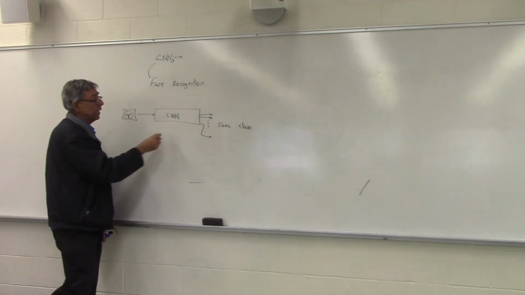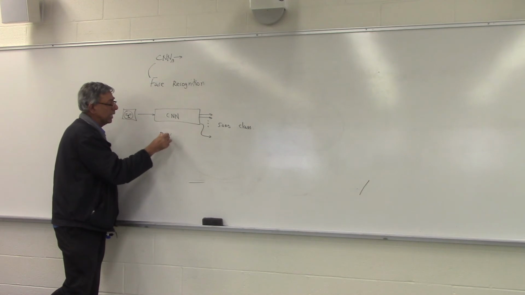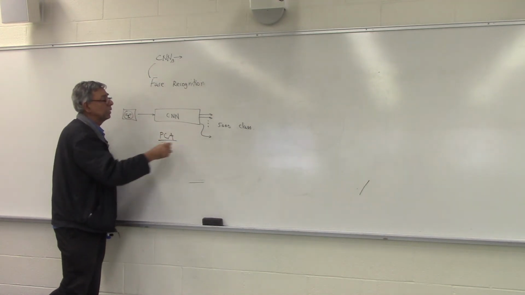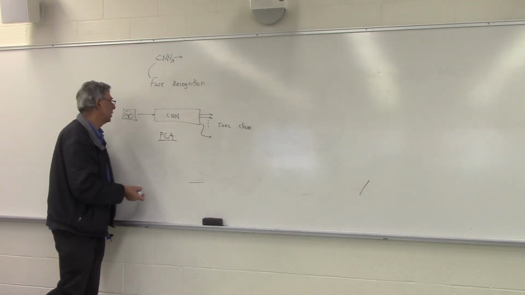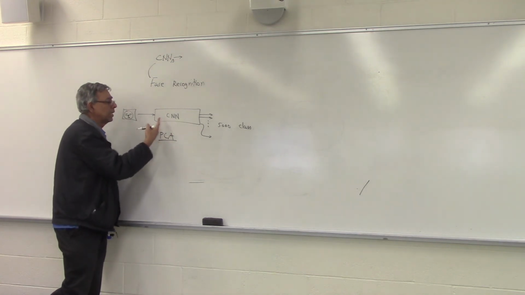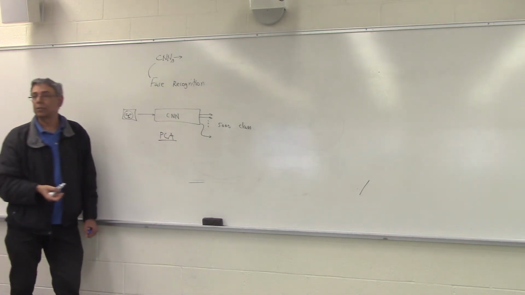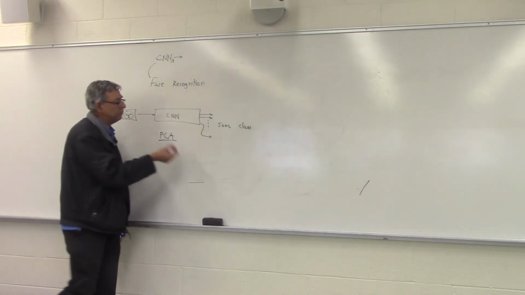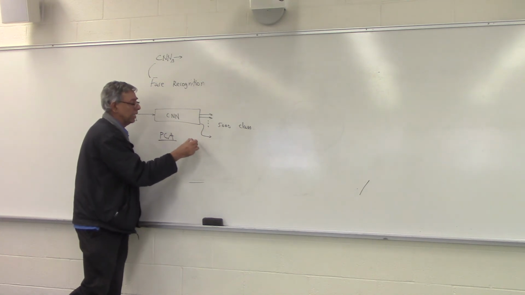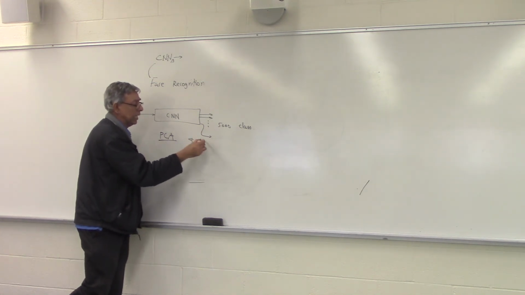Those of you who are taking computer vision, we discussed a technique called PCA, which can be used for face recognition. But bottom line is, regardless of whether you use a CNN or PCA, on a given data set you may be able to get 97, 98% accuracy.